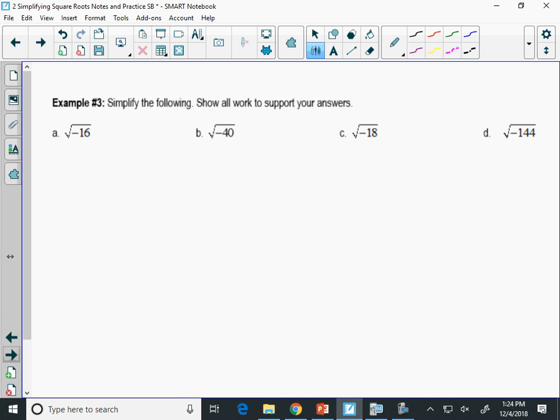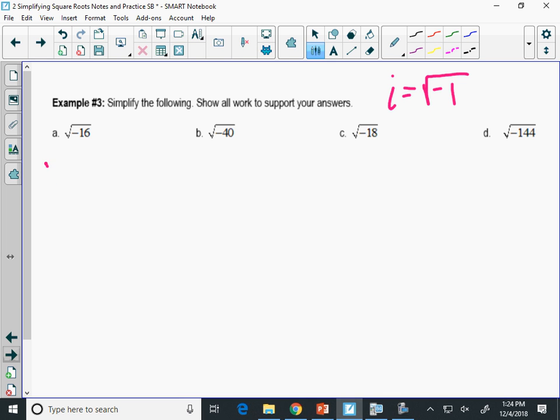So i, remember, is just the square root of negative 1. When you are simplifying square roots and pulling out those perfect square factors, if there's a negative under the radical, you're going to pull out the square root of negative 1. For example, in A, I have negative 16. That's really negative 1 times 16.